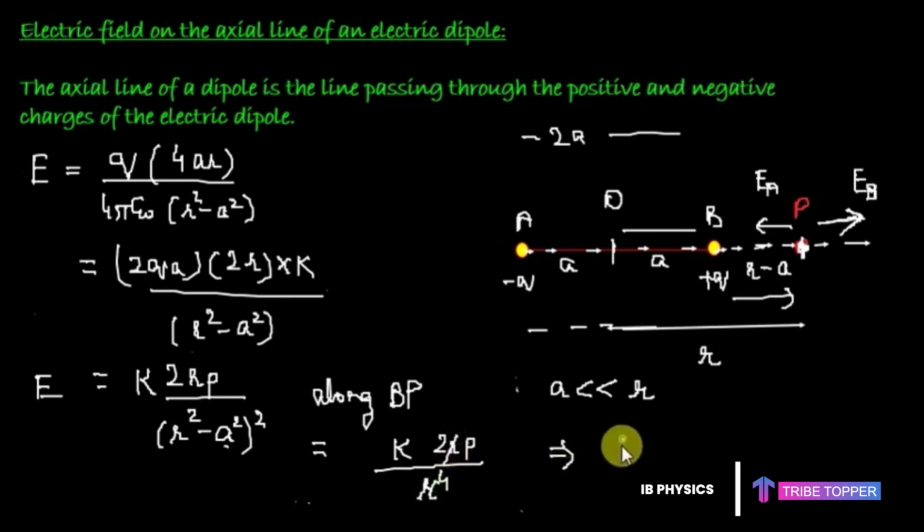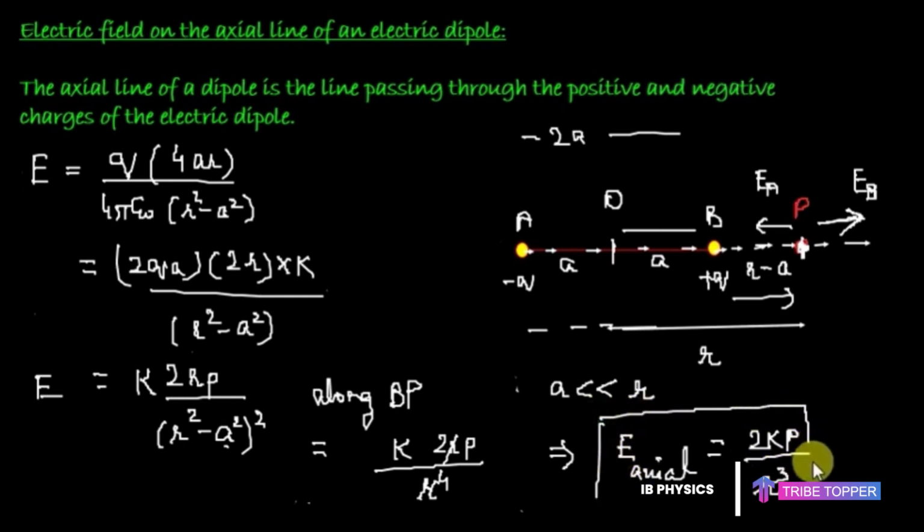Therefore I say the net electric field on the axial line of a short dipole is 2kp upon r cube. Thus the electric field of a very short dipole varies inversely as the cube of the distance of the point of observation from the center of the dipole.